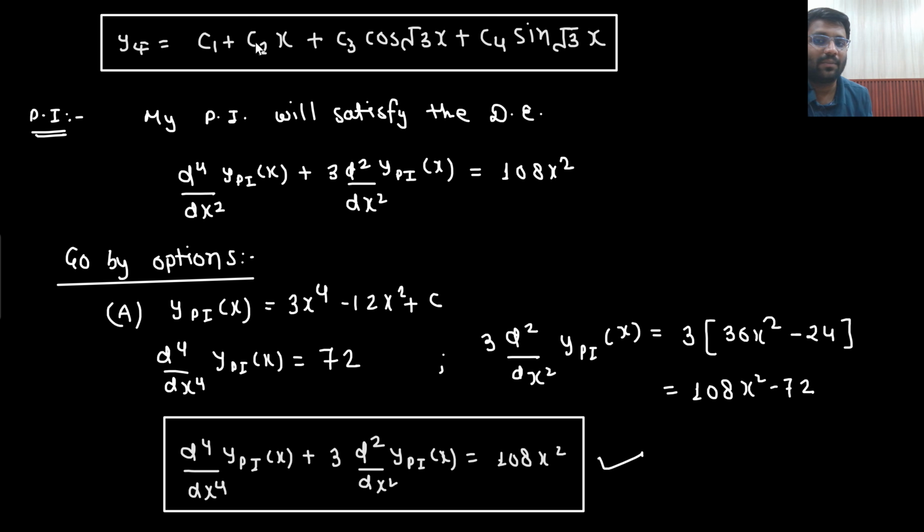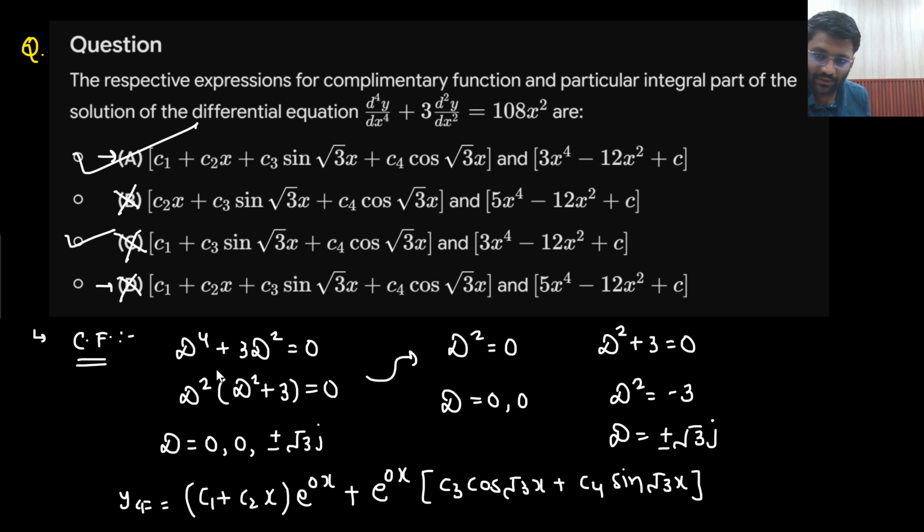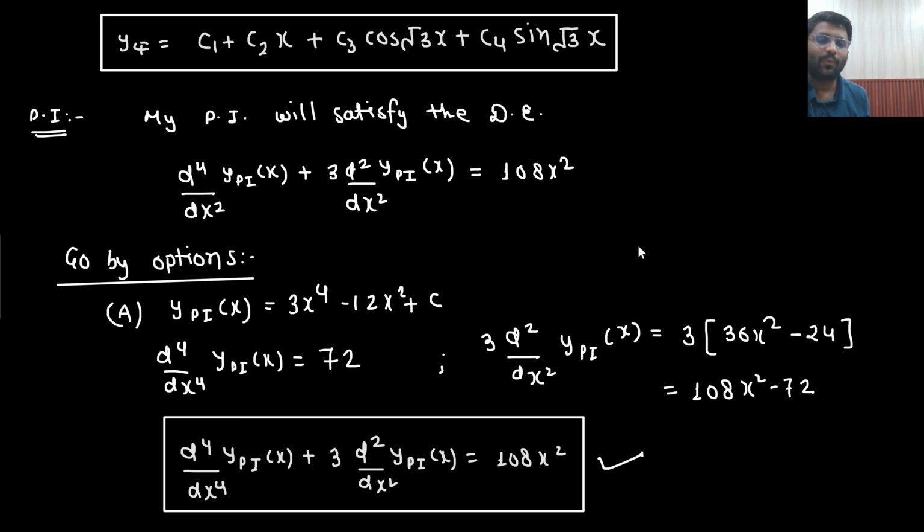What I mean to say is that I can put C2 equal to 0. If I put C1 equal to 0, C2 equal to 0, C3 equal to 0 and C4 is non-zero, then sin under root 3x is alone sufficient to satisfy this equation. Which equation? This equation, that means d4y by dx4 plus 3 d square y by dx square would be equal to 0 if you put y equal to sin under root 3x. They are alone sufficient. This guy is alone sufficient to satisfy the equation.